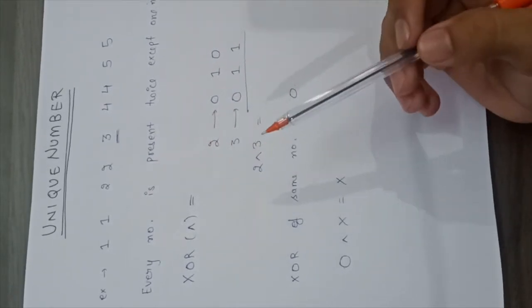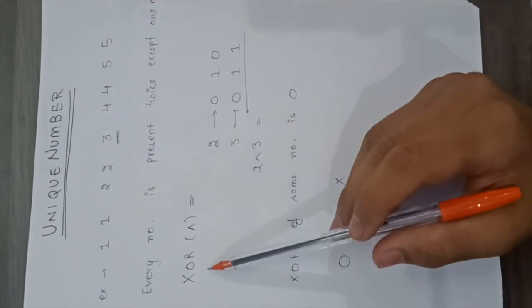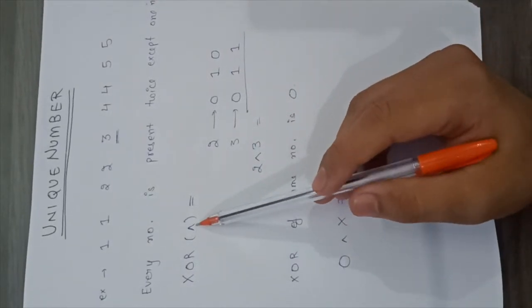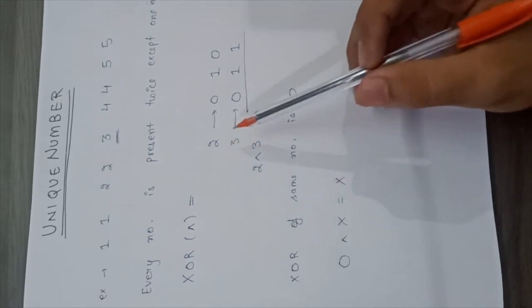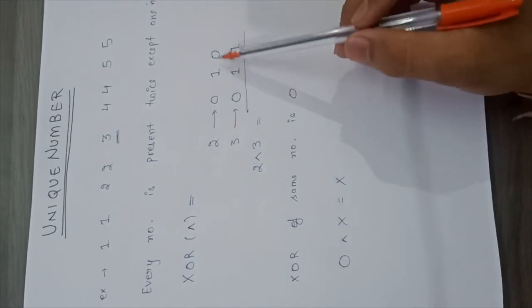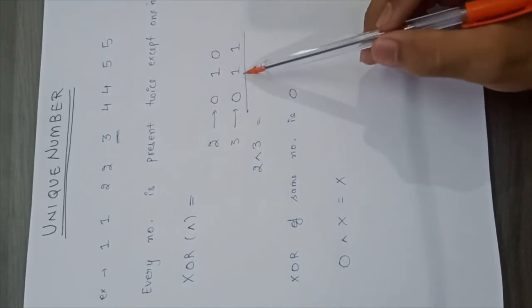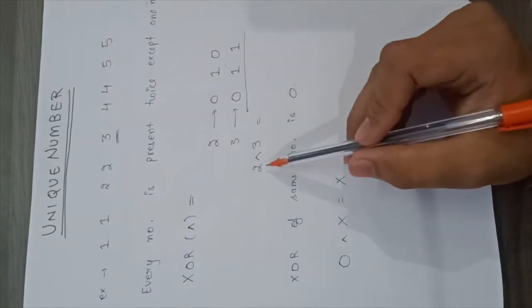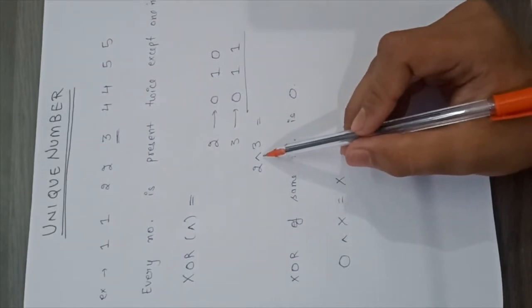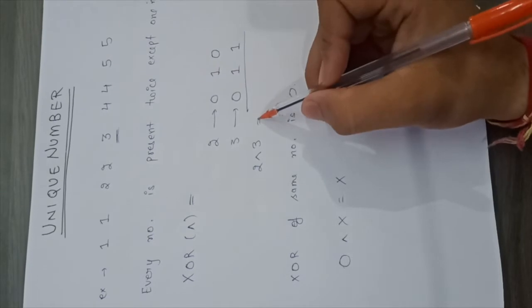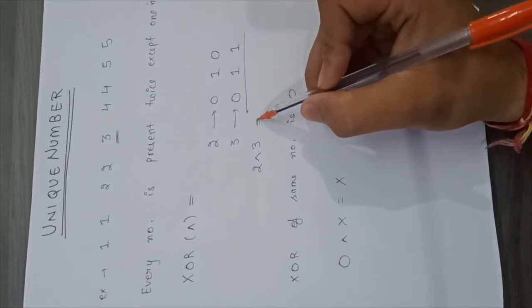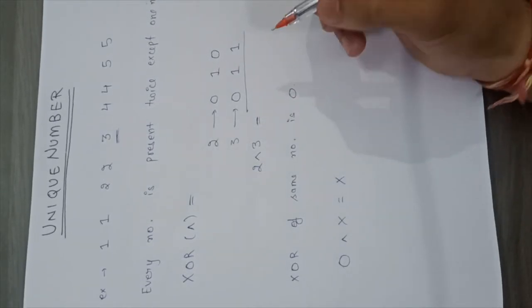So for this we need to study an operator which is XOR. We represent XOR as this arrow. So we can write 2 as 0, 1, 0 and 3 as 0, 1, 1 in binary form. So the XOR of 2 and 3 will be, so XOR is operated on bits. For same bits we have XOR as 0.